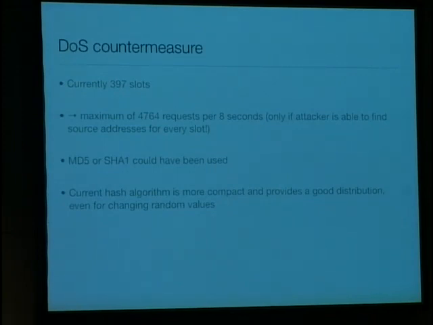Clifford developed his own hash algorithm which is quite compact and provides pretty good distribution even for the changing random values. You can also use MD5 or SHA1. All you need is something to get a value from 0 to 396 to get one of your slots.